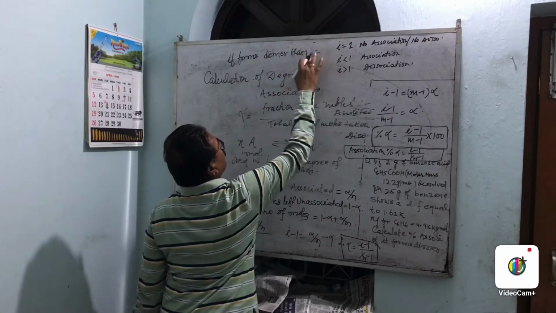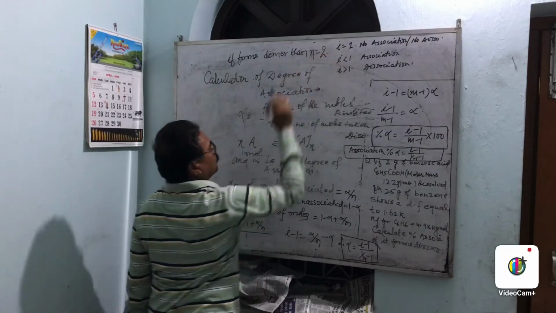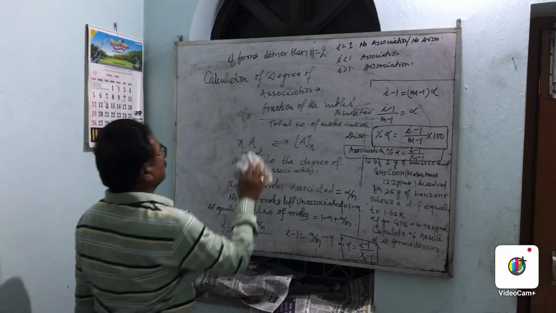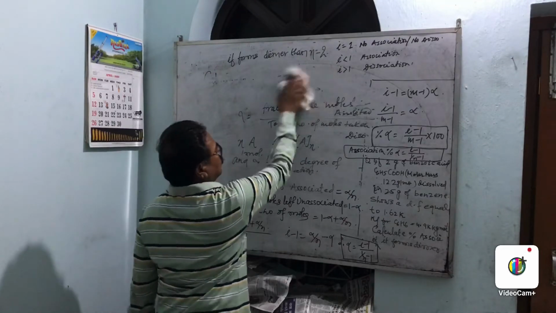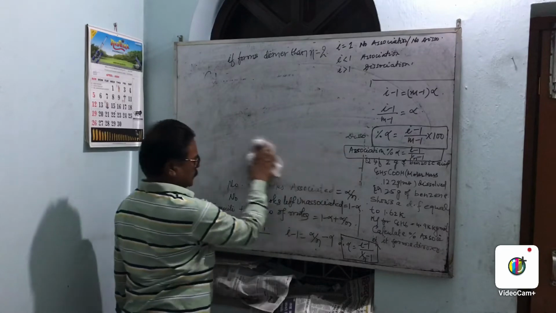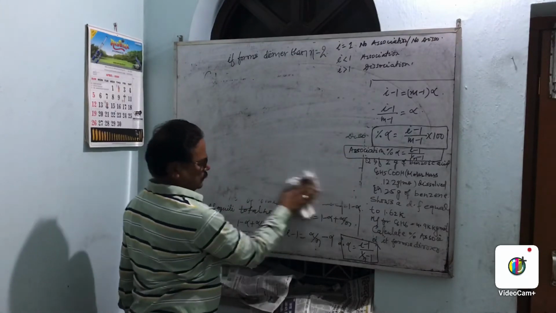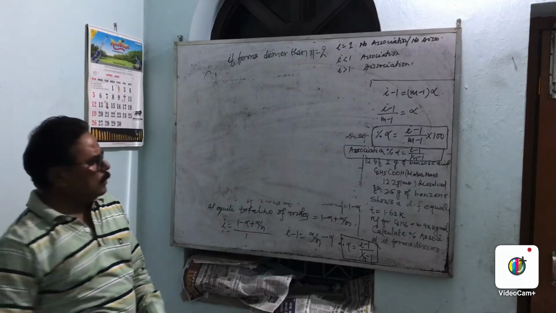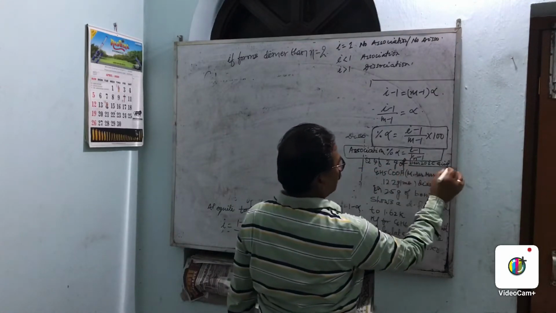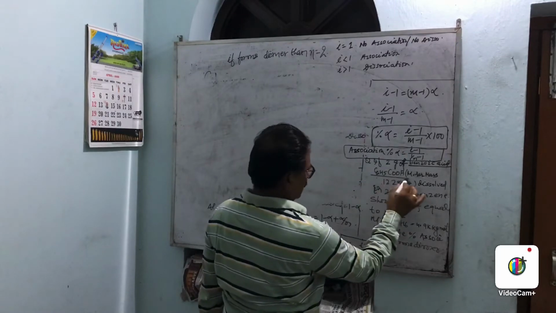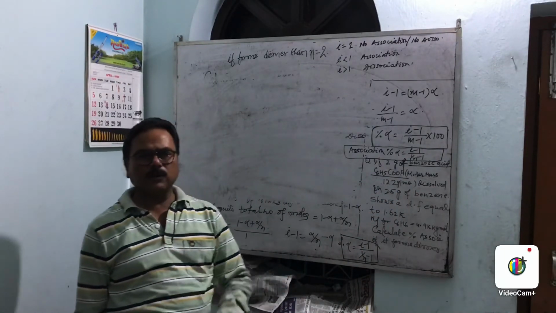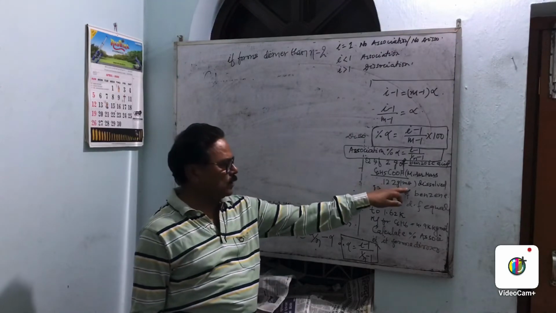Before that, I have written a question on the board in order to clarify your concept. If 2 gram of benzoic acid, molecular mass, if given, that's okay. If it is not given, then you calculate the molecular mass.